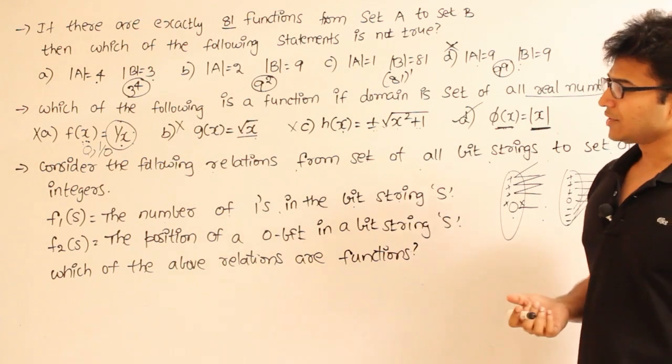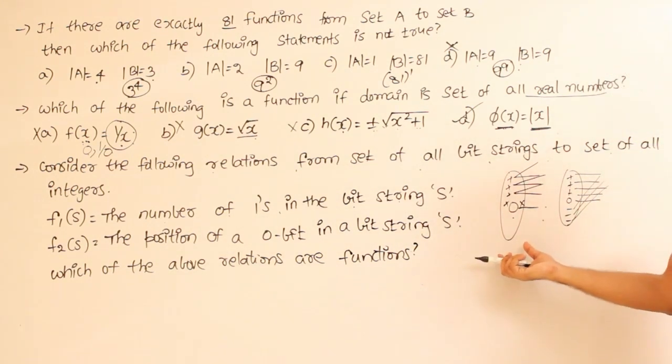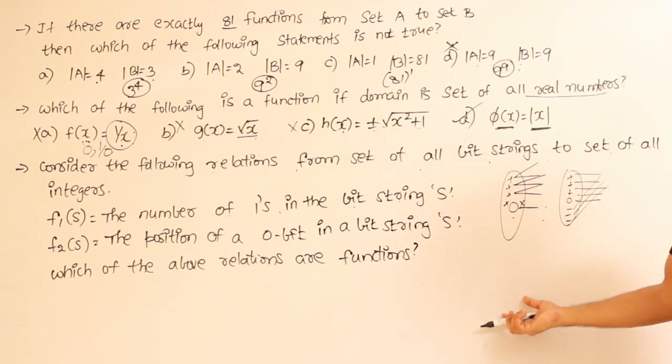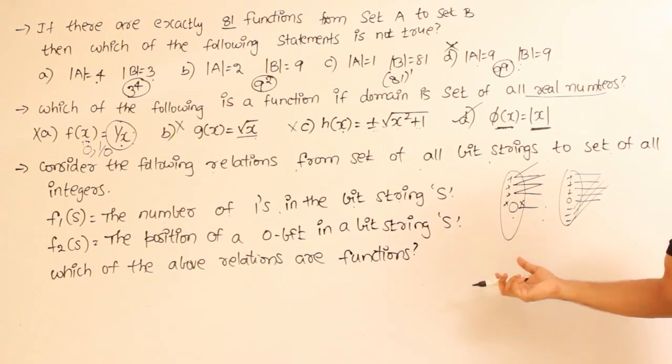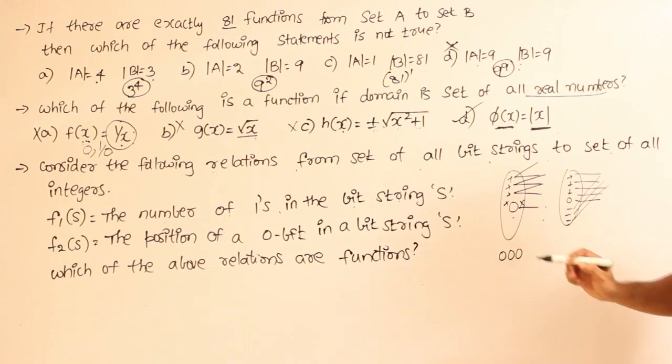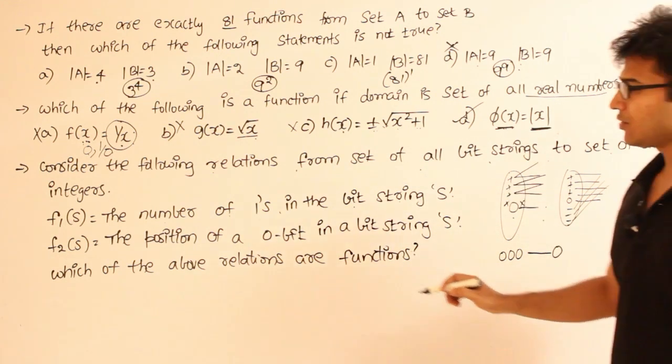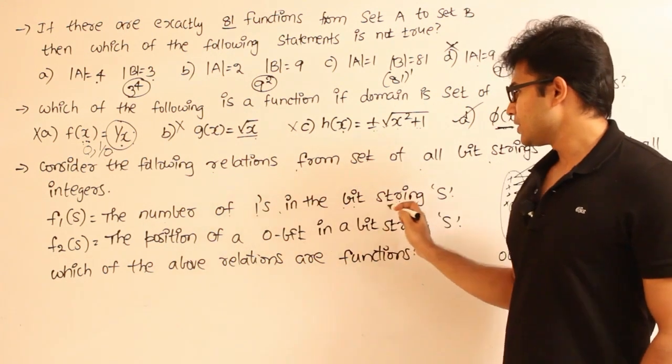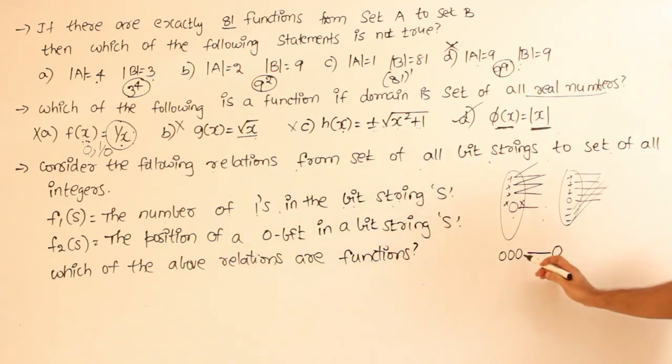So what they mean to say is, if you have the set of all these strings, let us say 0 0 0, this is a string, then what is it mapped to? It is mapped to 0 according to f1. So f1 counts the number of ones in the bit string s, which means since there are no ones in this string, we are going to give it 0.